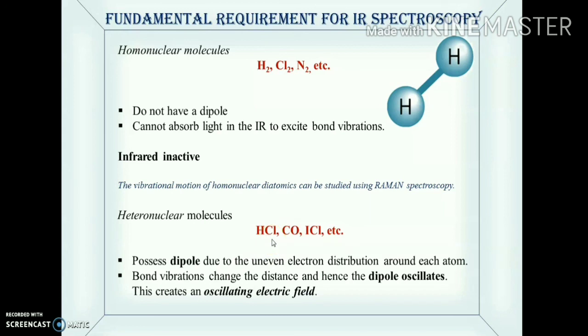Partial polarity is present upon the respective atoms. Right. Now, this creates an oscillating electric field, which then matches with the electric field of the electromagnetic radiation subjected upon the molecule. And this is how the absorption of the radiation further goes on, right? So that means a dipole presence is necessary.